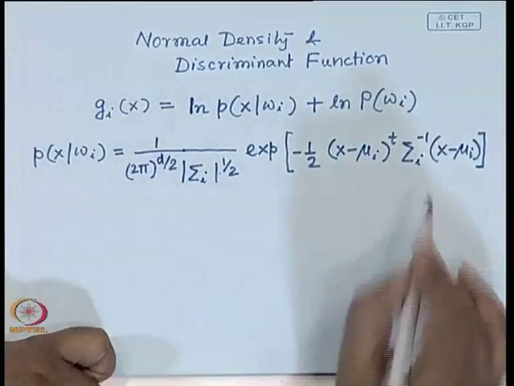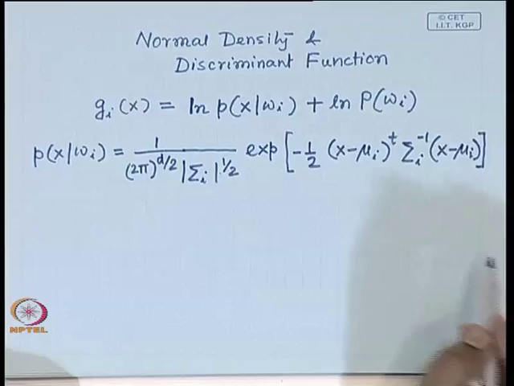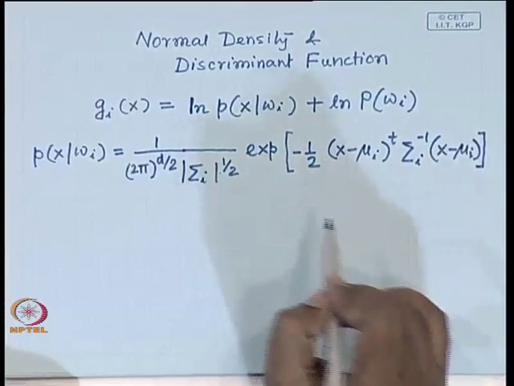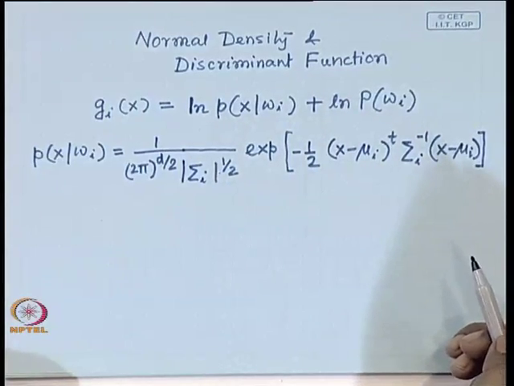So, this is a multivariate normal density function, where the feature vectors x are d dimensional vectors.